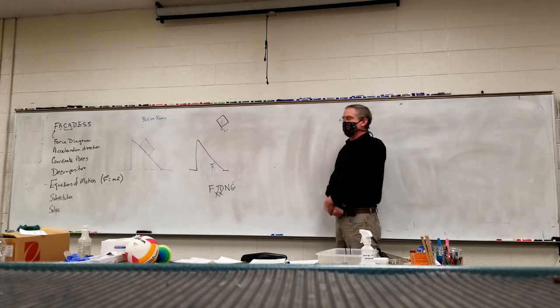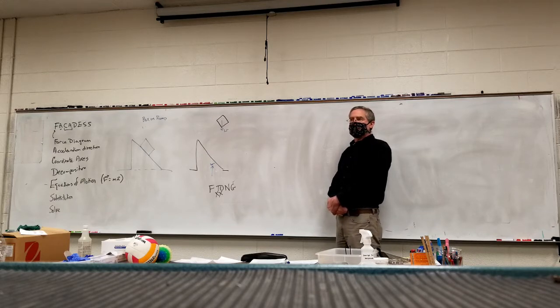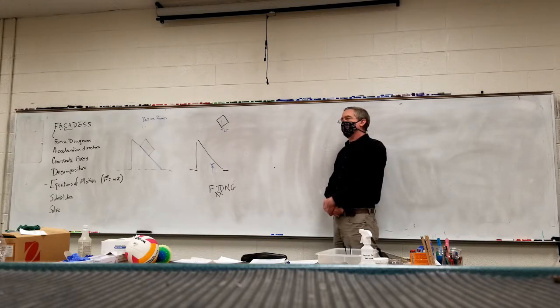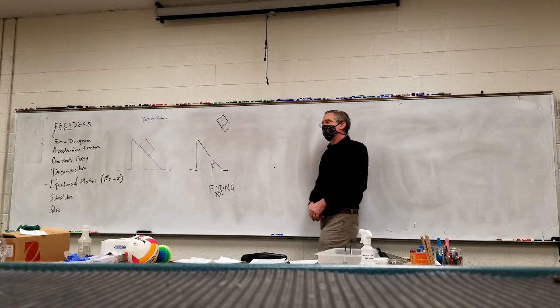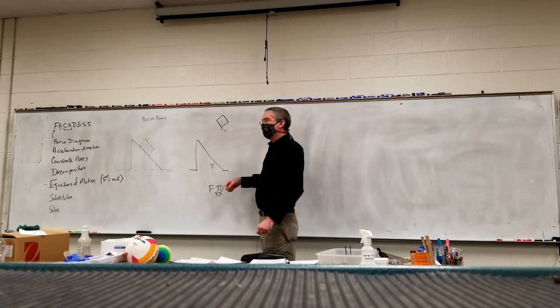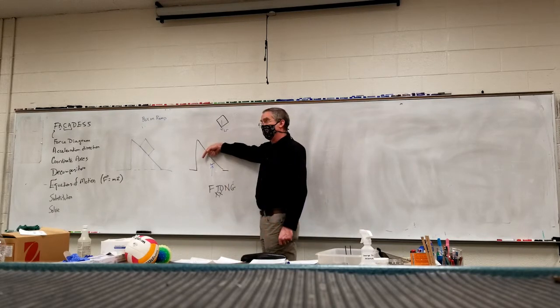All right, let's do normal next. Which way is normal force acting on what? So it's perpendicular to the rail. It's going that way, on the ramp?